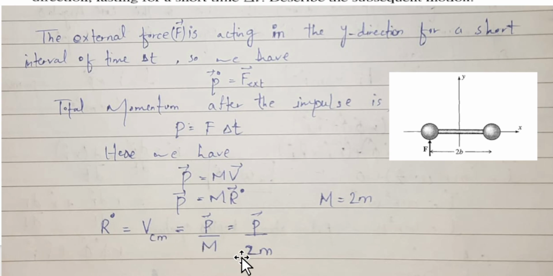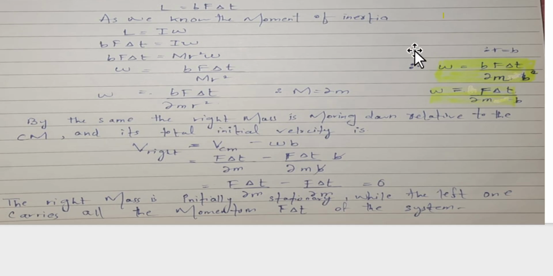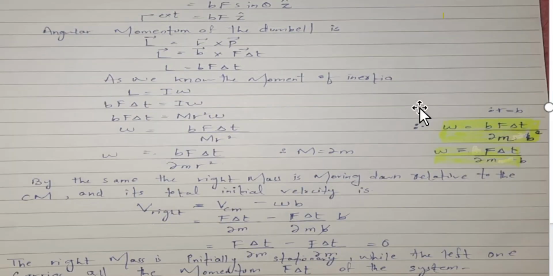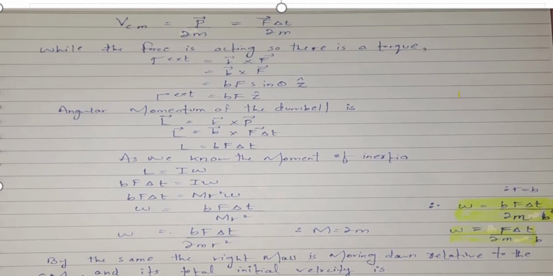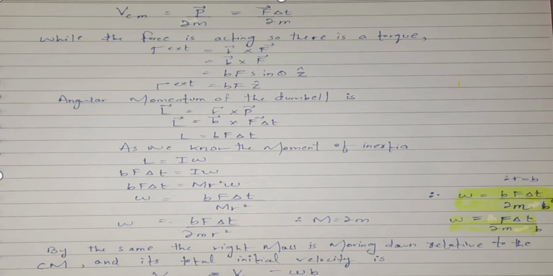After arranging, capital M is the total mass, and after putting in the value of capital M, which is 2m, you can see there are two masses. This is the formula. Now you have to apply the momentum value, which is force times time interval.